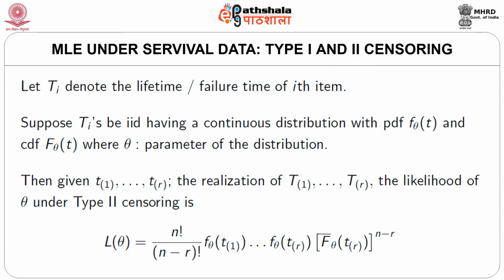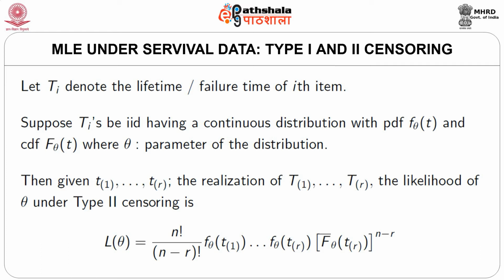Let capital Ti denote the lifetime or failure time of the ith item. Suppose the Ti's are IID having a continuous distribution with PDF small f of t, theta and CDF capital F of t, theta at the point t, where theta denotes the parameter of the distribution.